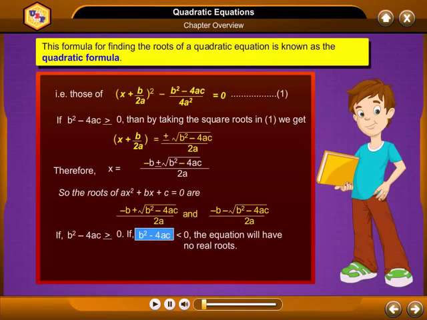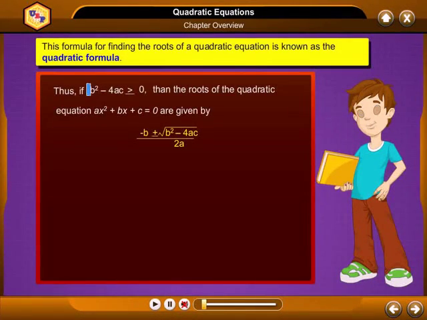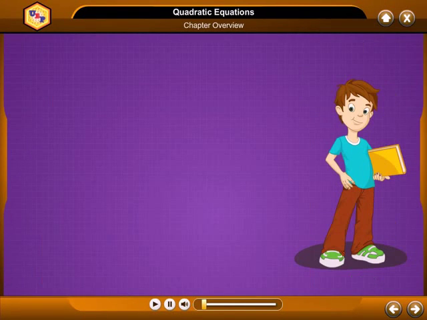If b² − 4ac < 0, the equation will have no real roots. Thus, if b² − 4ac ≥ 0, then the roots of the quadratic equation ax² + bx + c = 0 are given by (−b ± √(b² − 4ac))/2a.